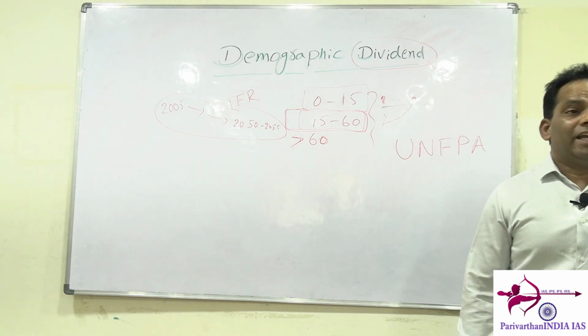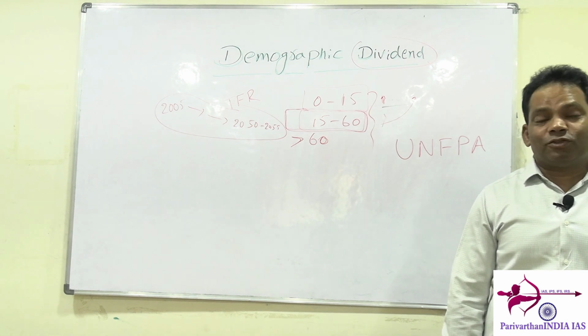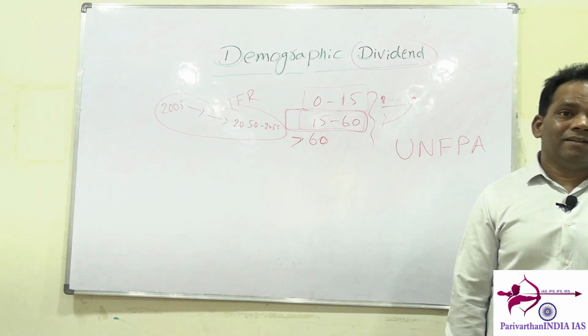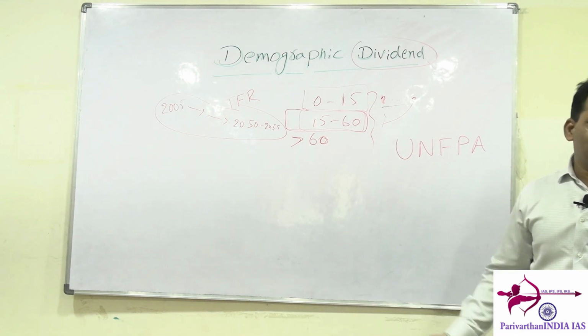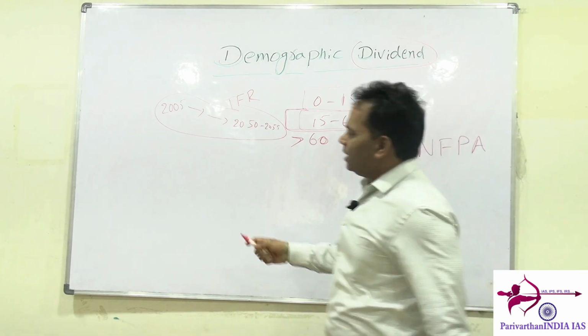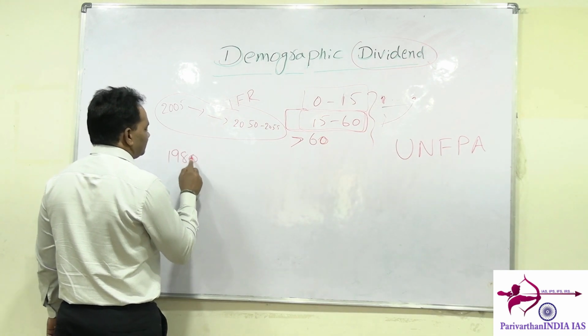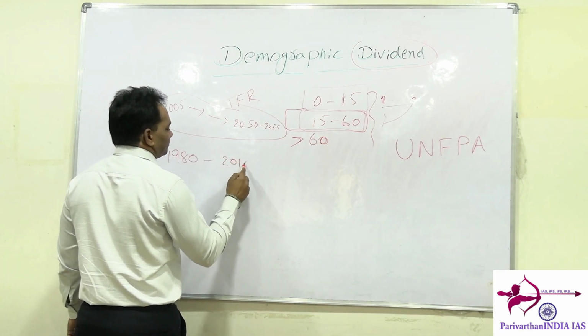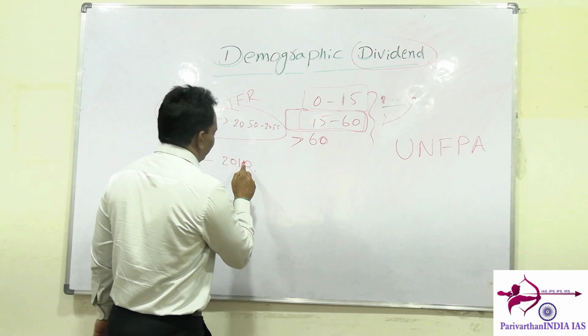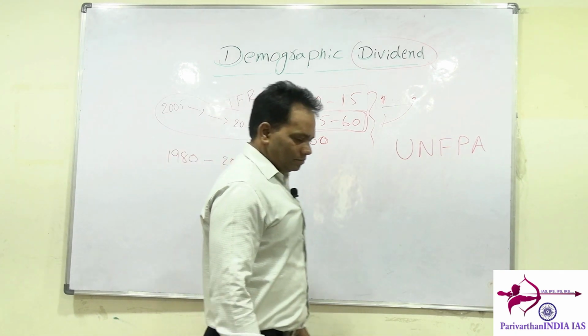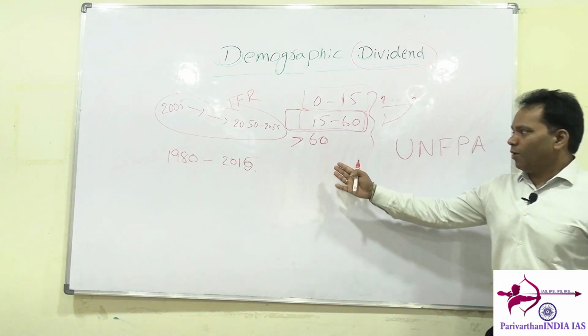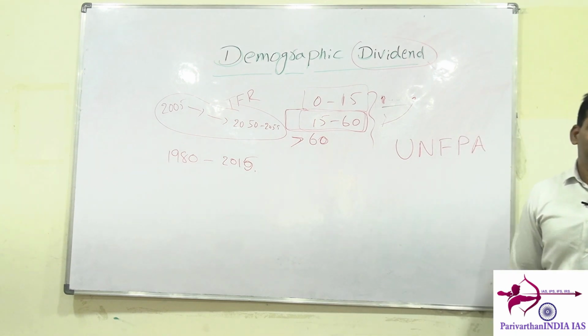Every country. China has already passed through this demographic dividend and completed it. China passed through this demographic dividend from 1980 to 2010 or 2015. So now the aged population has increased in China.